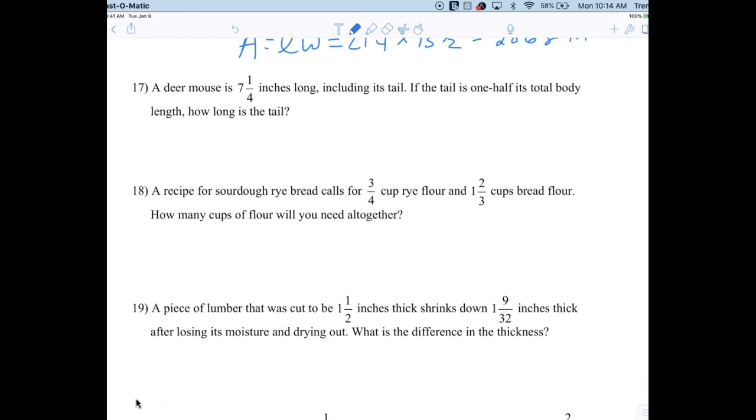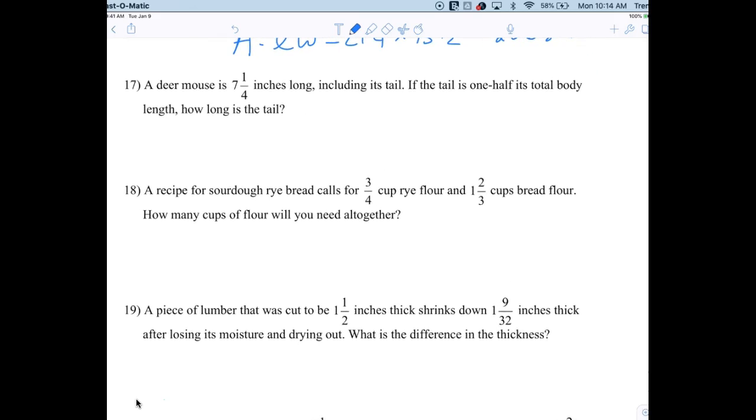A deer measures 7 1/4 inches long, including its tail. If the tail is 1/2 its total length, how long is the tail? What are you thinking? Tell me what to do. 7 1/4 divided by 2.